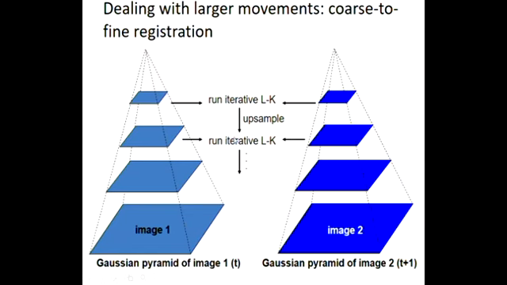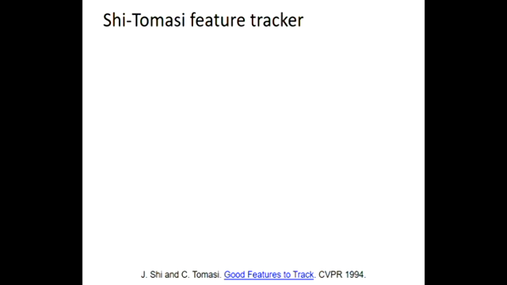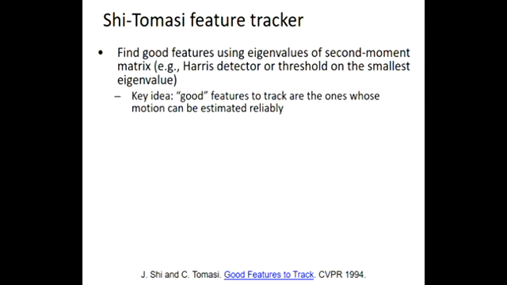You predict that at twice the resolution, the coordinate has twice the value that it had at the coarser resolution. Then you run iterative Lucas-Kanade, and you upsample, and you keep doing that until you get to the full resolution, and then you're done. I'll have an illustration of that in a moment, although I'll have the illustration for optical flow, which I'll get to in a moment.